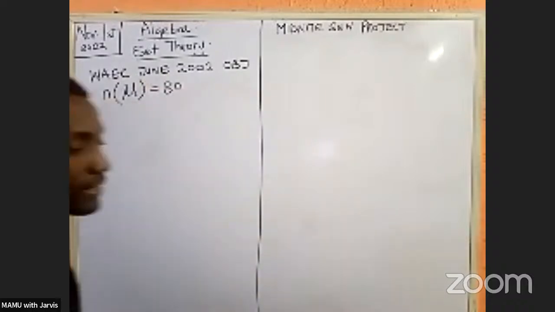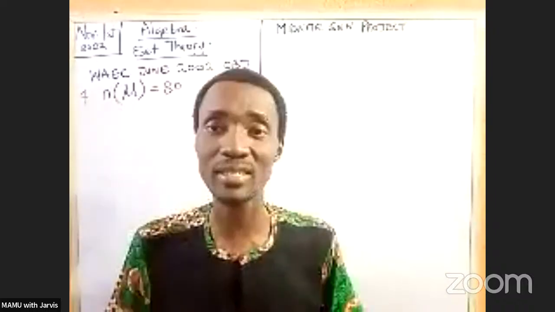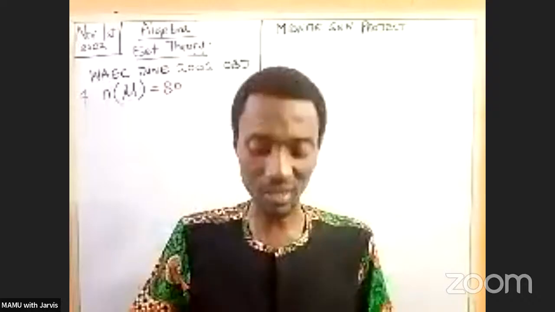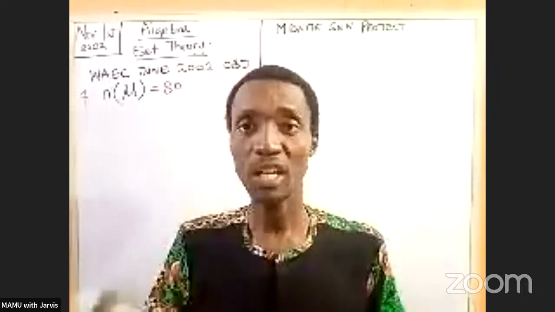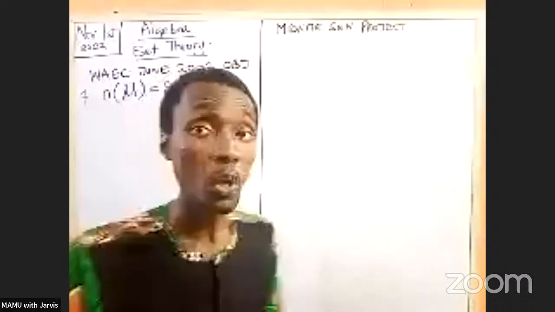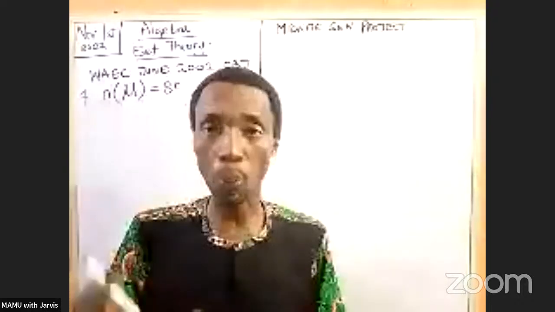Because we said that the universal set represents the last in any set question. So if they said a class has 80 students, it means that the universal set will be what? 80 students, right? Is economics or geography or both. Very instructive.